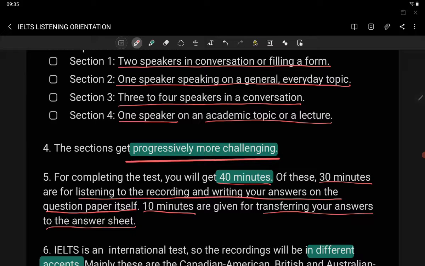So recording is for only 30 minutes. 30 minutes you will listen to the recording and quickly write your answers on the question paper itself. Then the recording will finish and you will be given 10 extra minutes in order to clearly transfer your answers from the question paper to your answer sheet.